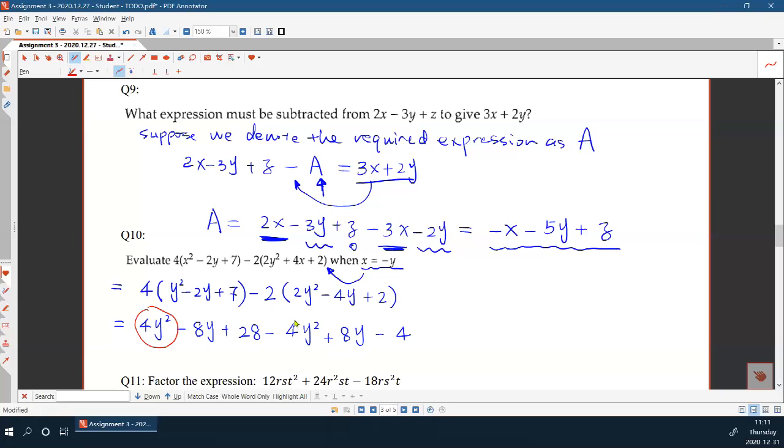Okay, 4y squared minus 4y squared, these two cancel with each other. Minus 8y, positive 8y, these two cancel with each other. So the final result would be 24. Right? Any questions?